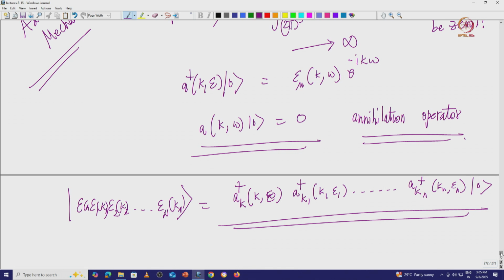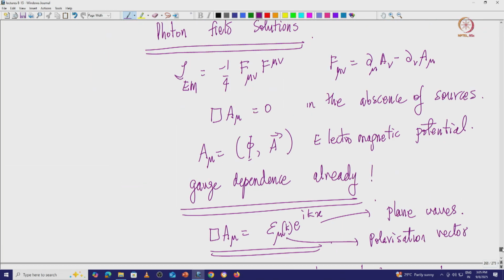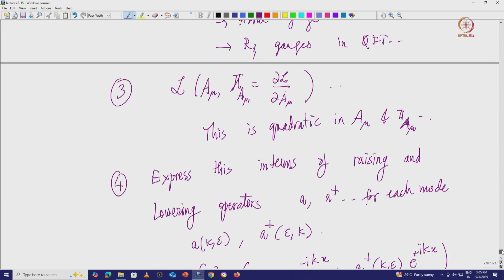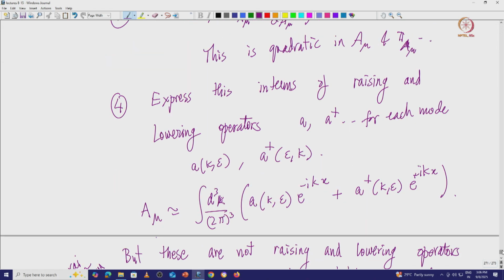These wave functions form a very well behaved set. Now, the process of starting with a wave function and interpreting it in terms of particles is called second quantization.